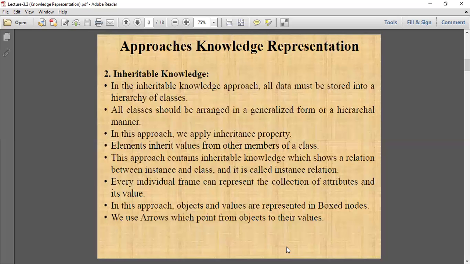This approach shows a relation between instance and class, and it is called instance relation. Every individual frame can represent the collection of attributes and its values. In this approach, objects and values are represented in boxed nodes. We use arrows which point from objects to their values.